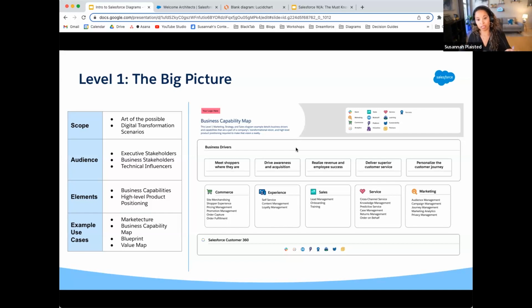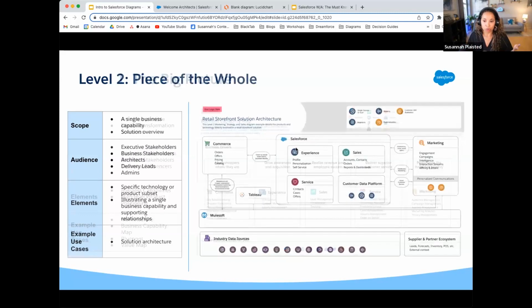Example use cases of this. So business capability map is a classic level 1 diagram. Also marketecture. I know we already talked about that a little bit as well. Also maybe a blueprint for a solution or a value map. And we have examples of all of these on our website, so we can look at those in just a second. Level 2, and this is the same for both styles, we sort of zoom in. So we go from that view of all of the capabilities, maybe into a single capability.